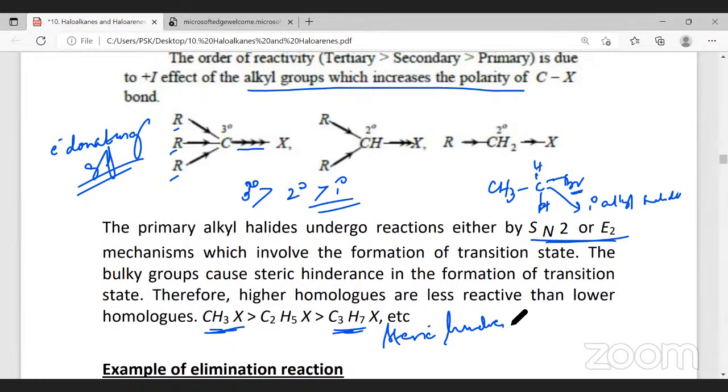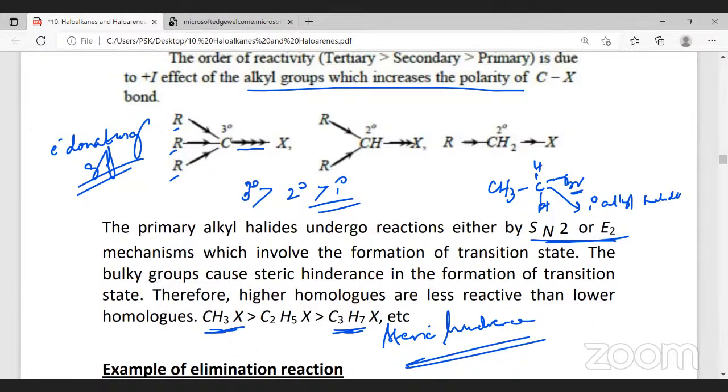Steric hindrance means availability of space because molecules are oriented in space. Atoms are oriented in space. So smaller alkyl halides are more reactive towards SN1, SN2 and or E2 mechanism compared to the higher alkyl halides because of steric hindrance.